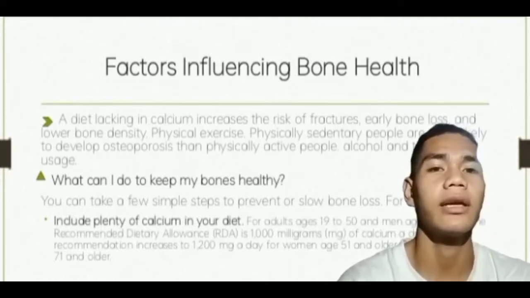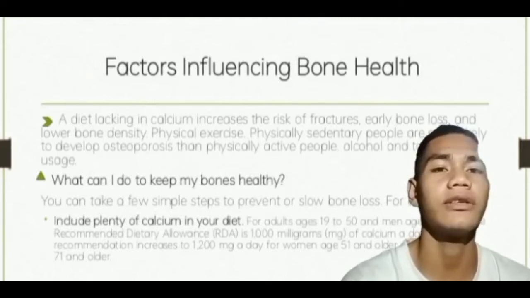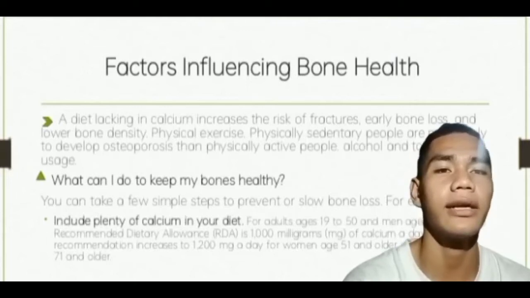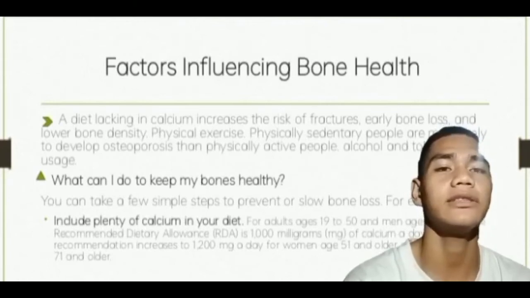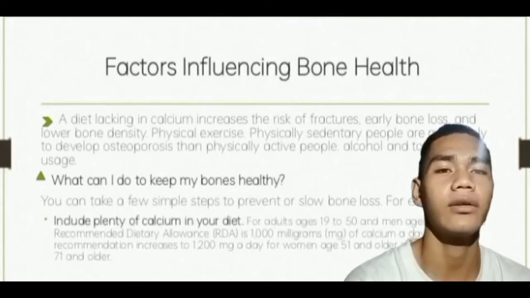For example, including plenty of calcium in your diet. For adults ages 19 to 50 and men ages 51 to 70, the recommended dietary allowance or RDA is 1000 milligrams of calcium a day. The recommendation increases to 1200 milligrams a day for women age 51 and older, and for men age 71 and older.